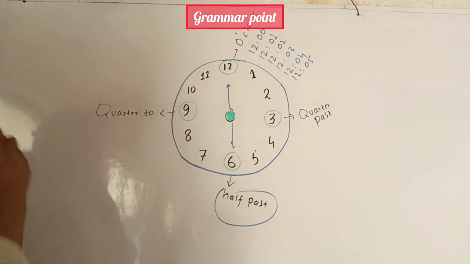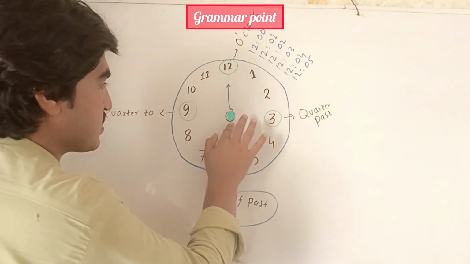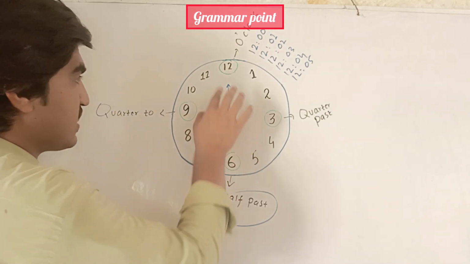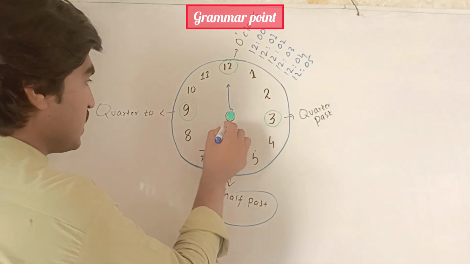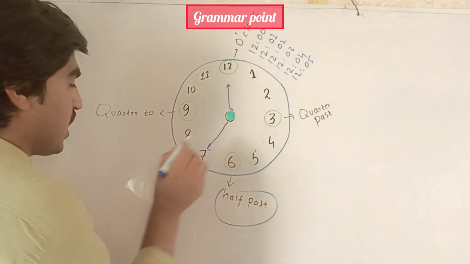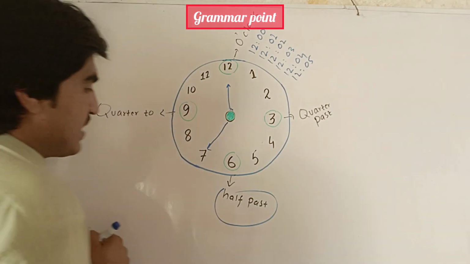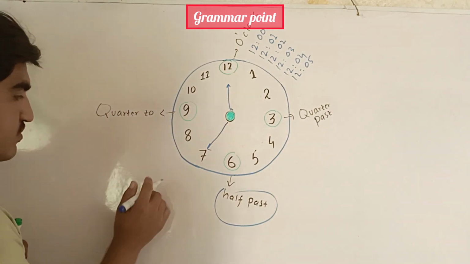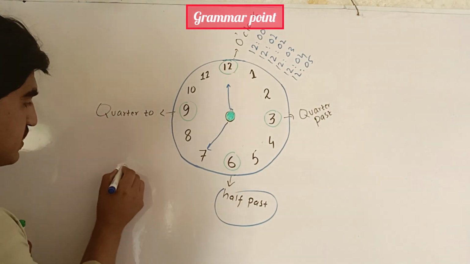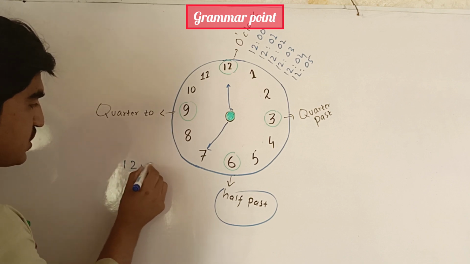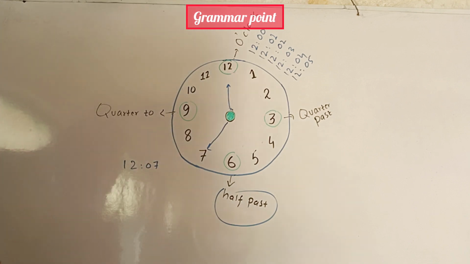Okay, now what will be the situation if the small needle is on the same point but the large needle turns to 7? It would be like this, 12:35. So we can say it would be 25 to 12.